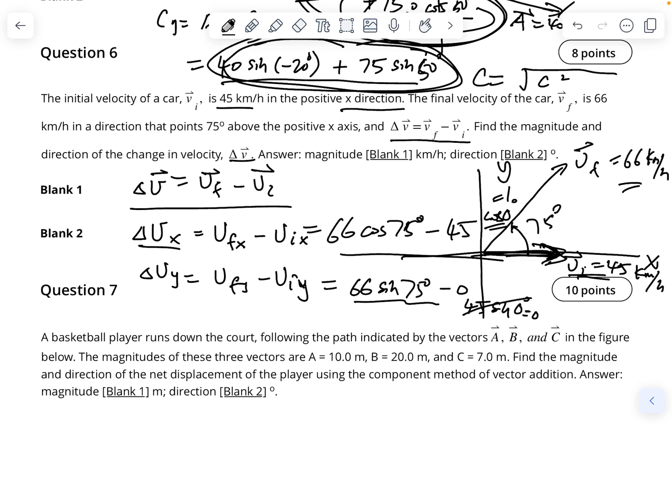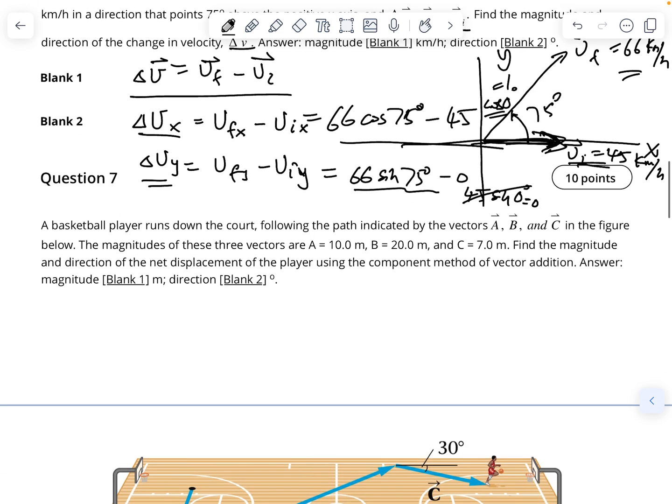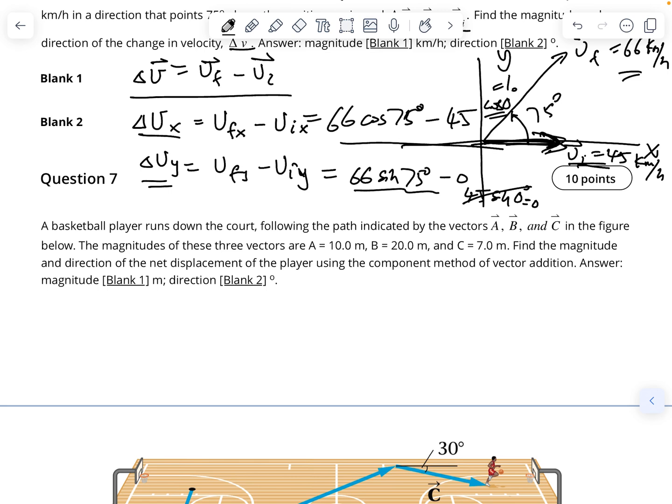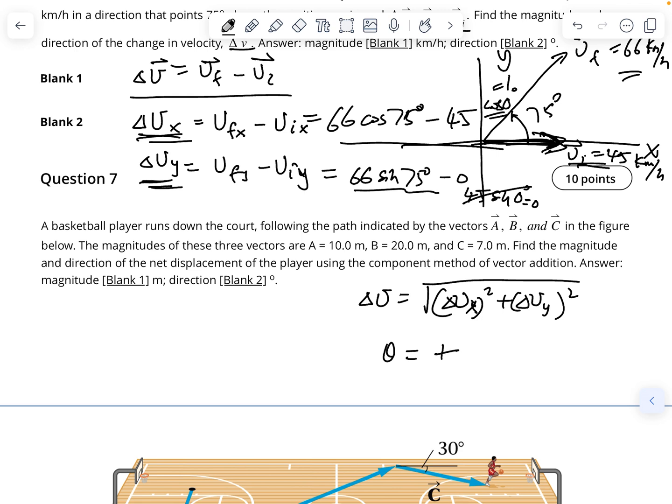And this is your y component. Okay, and then find the magnitude and direction. Magnitude delta v equal to the square root of delta vx squared plus delta vy squared. You see, delta vx, delta vy. And angle equal to inverse tangent of delta vy over delta vx, right?